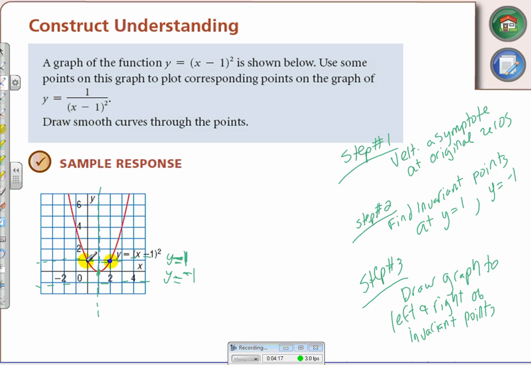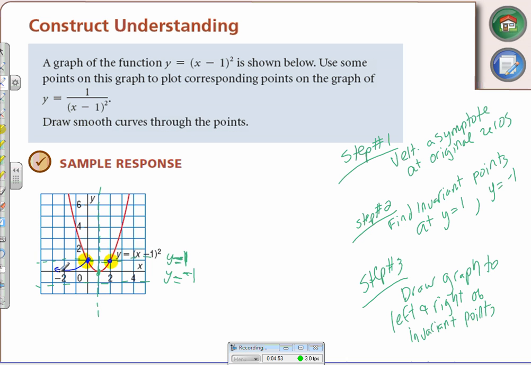So from this invariant point to the left, the original red line goes up to infinity. So we're going to do the opposite. We're going to still go to the left. We're going down to 0. We cannot cross the axes. You cannot cross the x-axis. The original function never gets to infinity, so we will never get to 0. And it's a nice, smooth curve.